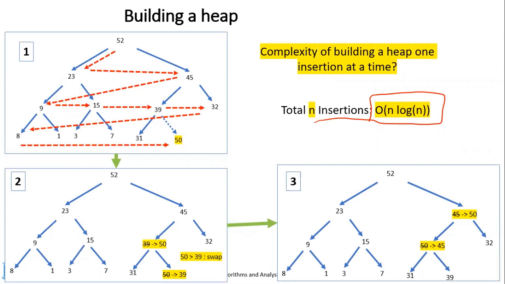We're not utilizing the heap at every step, so why do unnecessary work? Why not just put it all into a complete tree, not a heap yet, and then apply the algorithm? Because we're not really utilizing the heap in the middle. All right, so that's the idea.